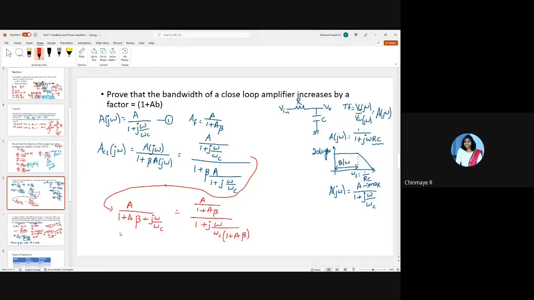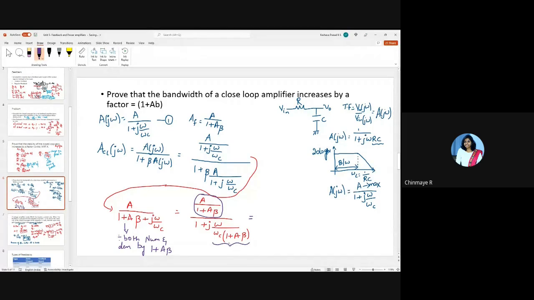So how did I get this? I just divided both numerator and denominator by 1 plus A beta. Now look at this equation. For a closed loop system, this is of the form maximum gain. The maximum gain of the closed loop system is A divided by 1 plus A beta, divided by 1 plus j omega by the cutoff frequency.